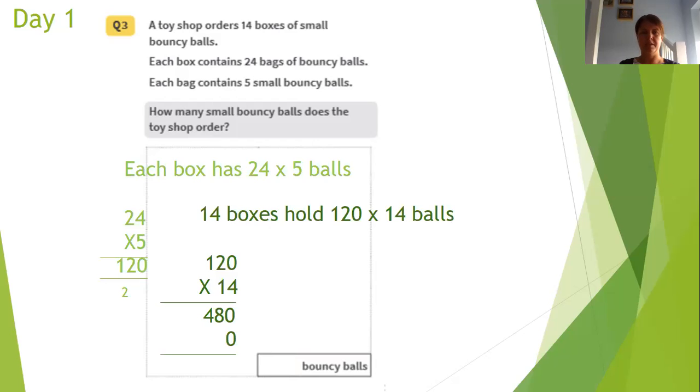So then 1 times 0 is another 0. 1 times 2 is 2, and 1 times 1 is 1. And actually what I've done there is 120 times 10, and I know if I did a different method, it would give me 1,200. So to work out how many bouncy balls altogether, I'm going to add those two together, which gives me 1,680 bouncy balls. And that's the answer to day 1's questions.